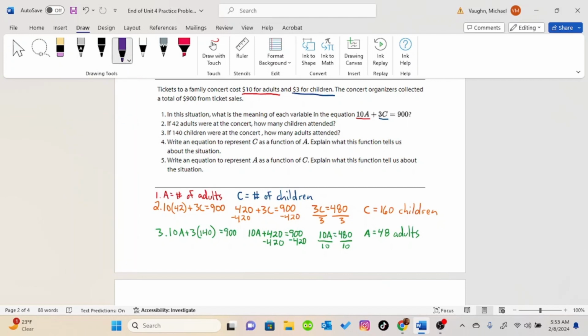Number 4. Write an equation to represent c as a function of a. Explain what this function tells us about the situation. So if we have 10a plus 3c equals 900, and we want the equation to represent c, we'll subtract 10a from both sides.